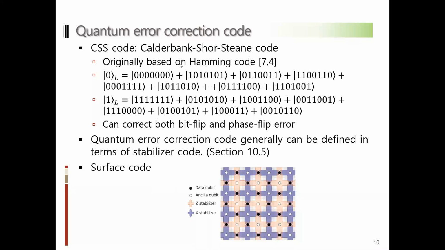So in summary, this is the form of the CSS code, and this is the definition of the logical 0 and logical 1, and these basis vectors basically came from the scheme of the 7-4 Hamming code. And of course Hamming code is not only limited to 7-4, it can actually increase a lot.